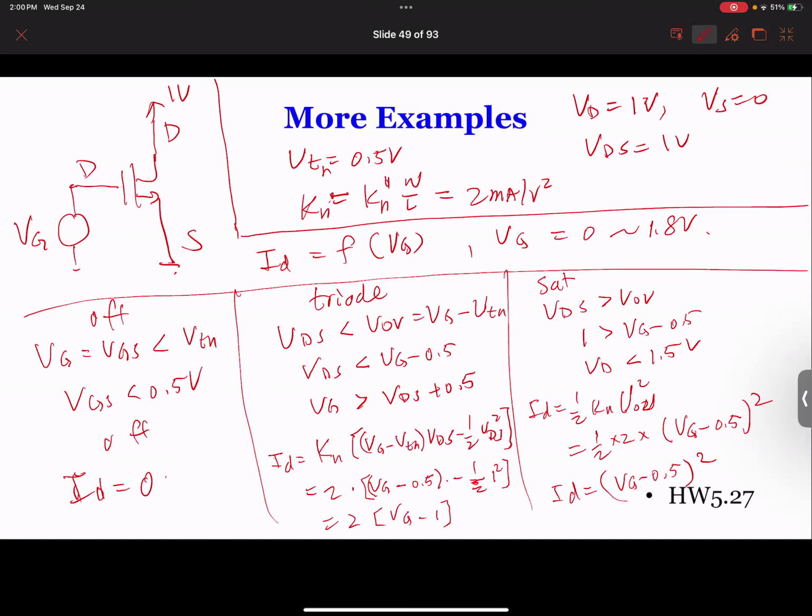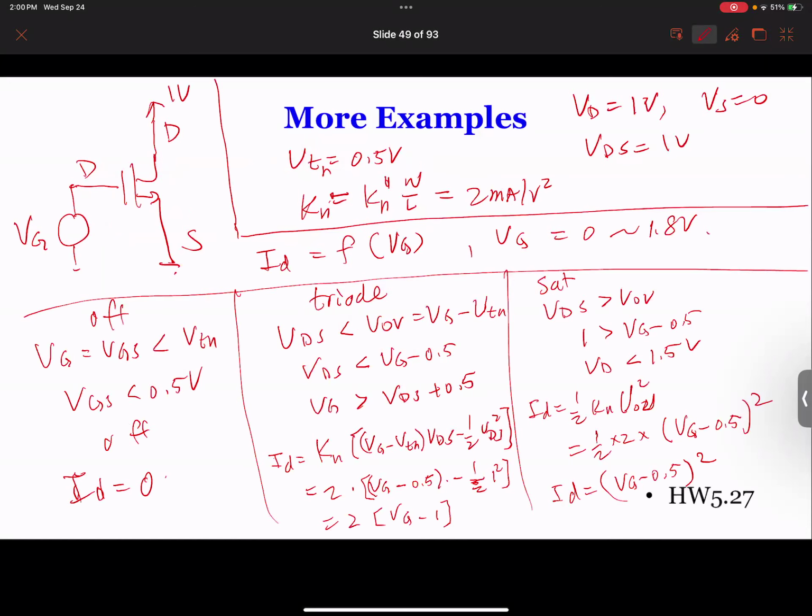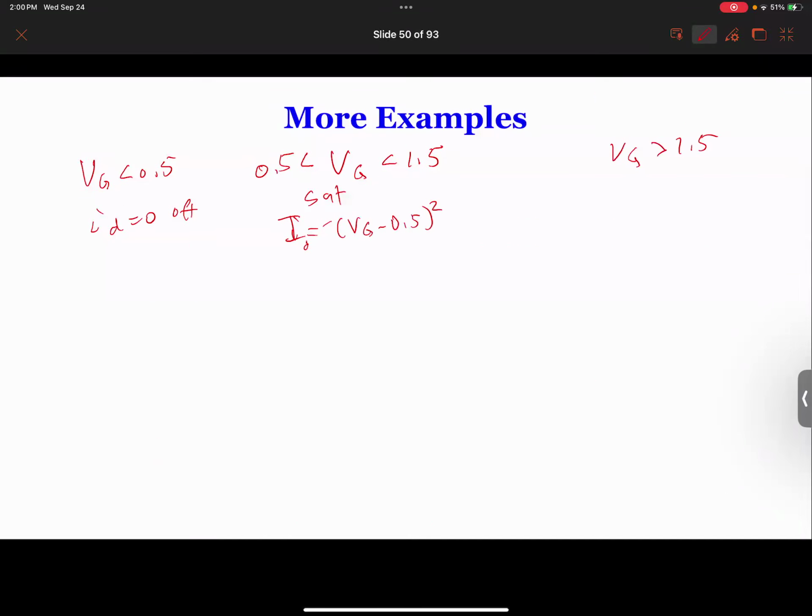If VG is larger than 0.5 but less than 1.5, it's in saturation, and the current is VG minus 0.5 squared. And if VG is larger than 1.5, it's in triode mode.